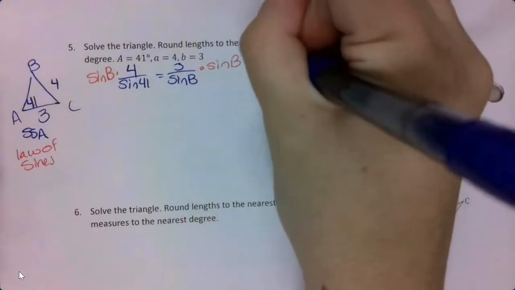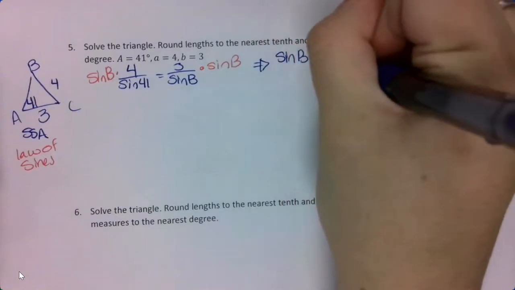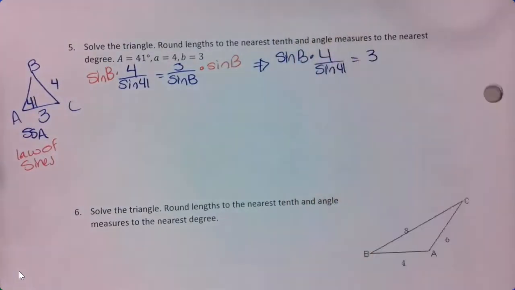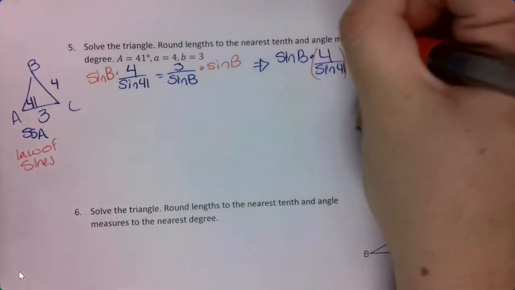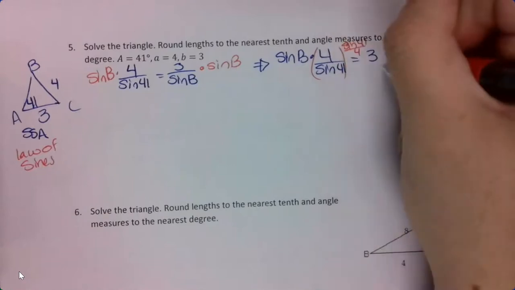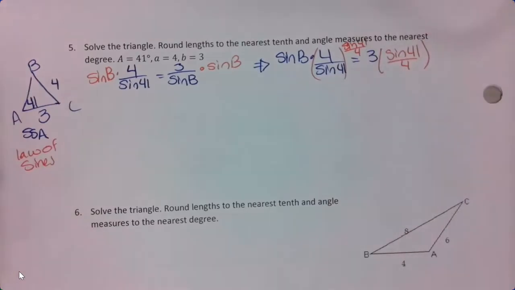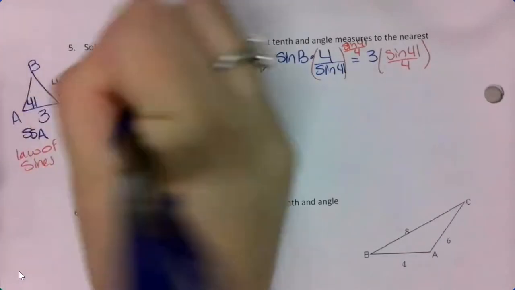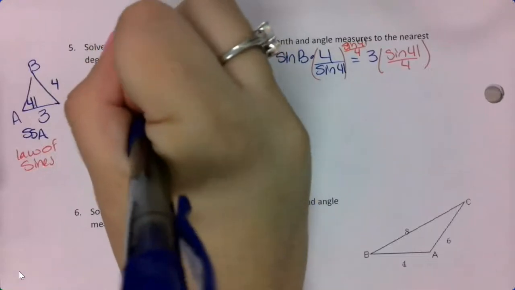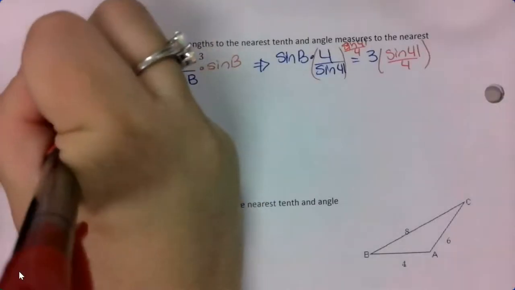This is going to give me sine of B times 4 over sine of 41 equals 3. I want to isolate the sine of B, so I'm going to multiply by the reciprocal, sine of 41 over 4. This is going to give me sine of B equals 3 sine of 41 over 4. I want to go ahead and take the inverse sine of both sides to find my angle.